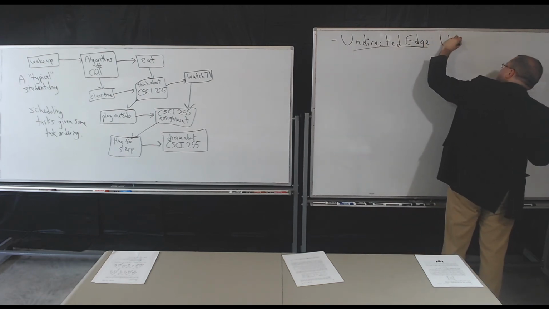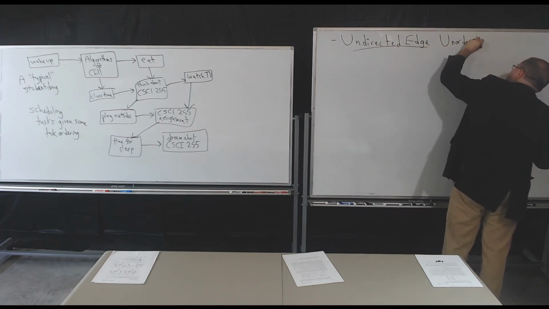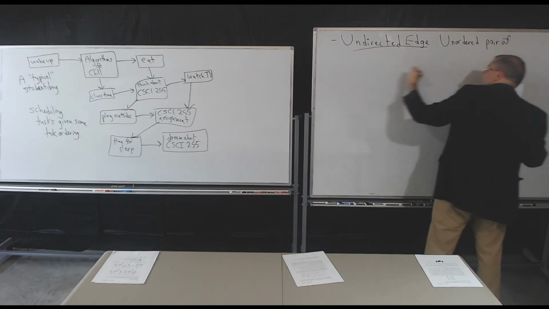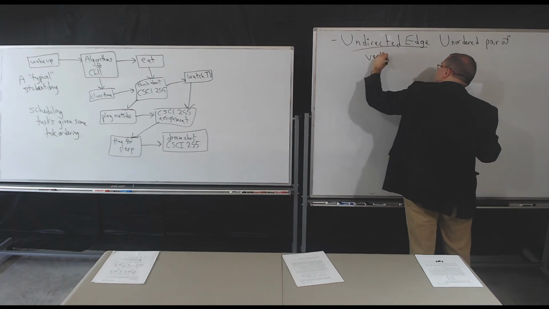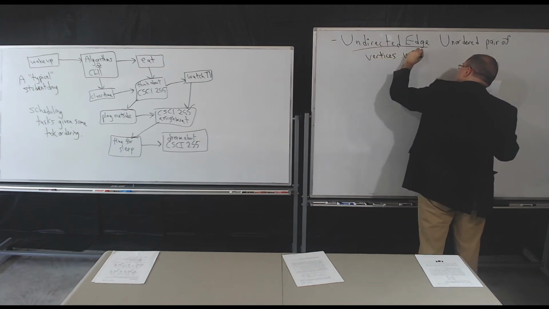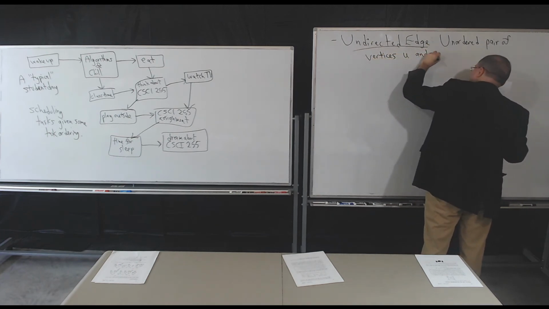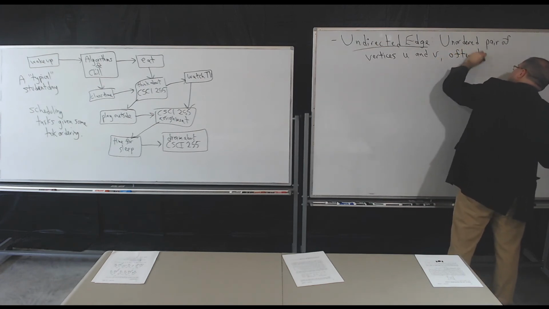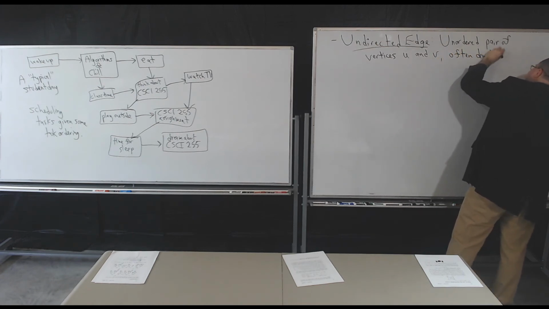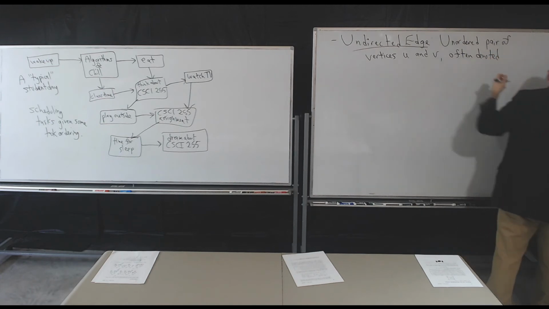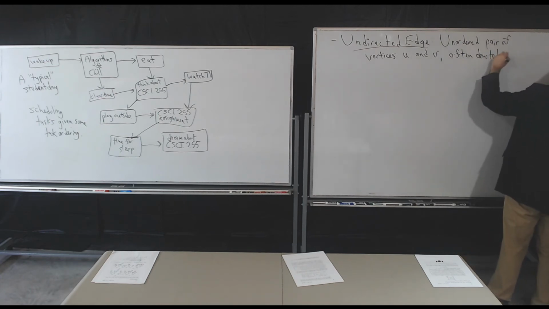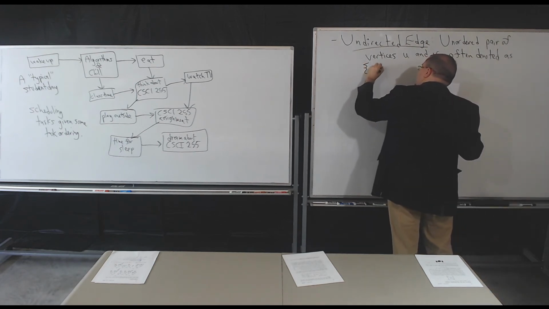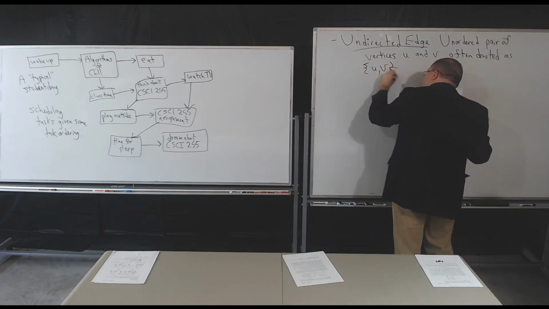An undirected edge is an unordered pair of vertices, U and V, often denoted, when I say denoted I mean often written as, {U, V} with the curly braces.